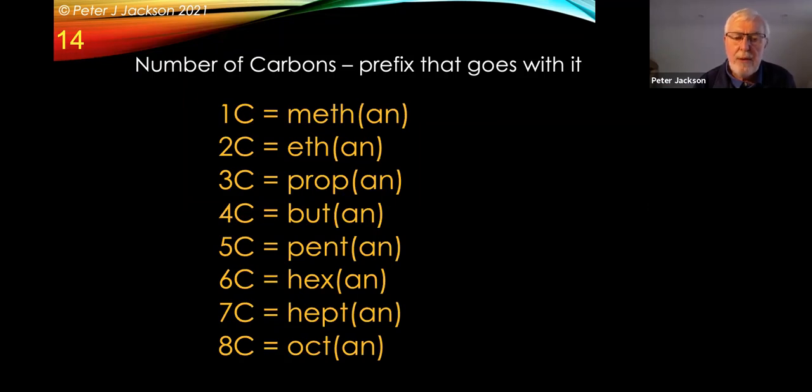Now you have to remember that. The hard bit are the first 4. I mean, pent, you get a pentagon, the 5-sided building in America. You get the hexagon, a theatre. You get a heptathlete who does 7 different disciplines, and an octagon, an 8-sided figure.